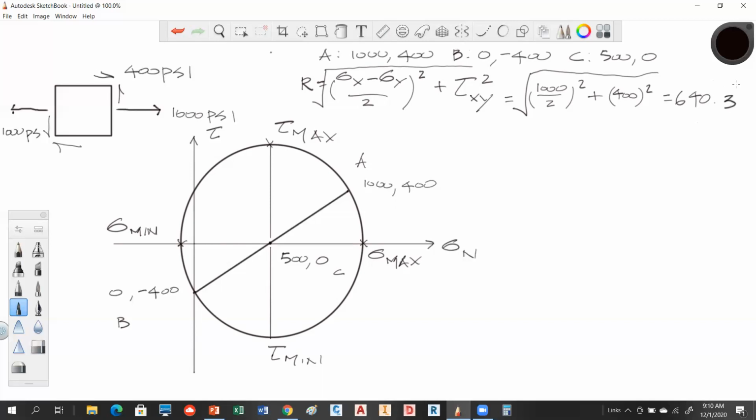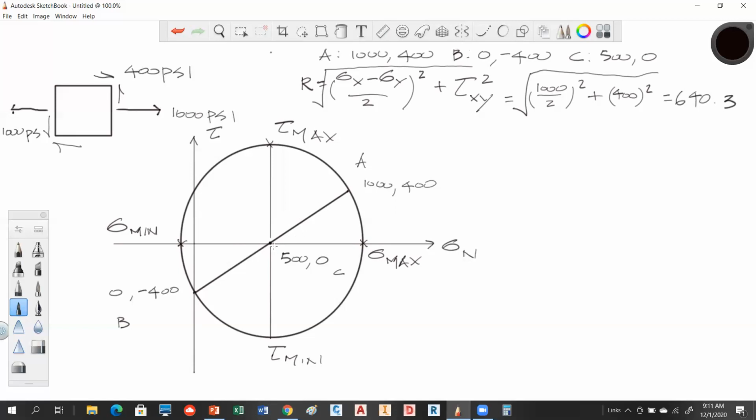Anybody getting those numbers? Can I get that? 640.3? Yeah. Okay, so that would be the distance along the radius here.